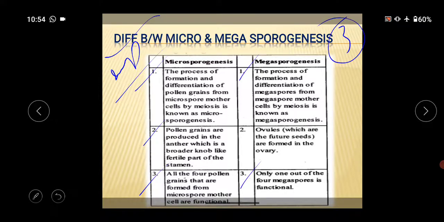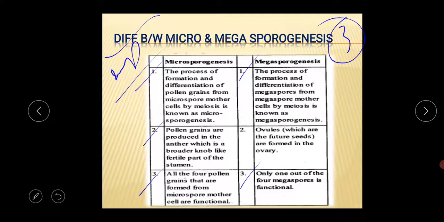In megasporogenesis we are getting only 1 functional megaspore out of 4, only 1 out of the 4 megaspores is functional. So this is the difference between micro and megasporogenesis.